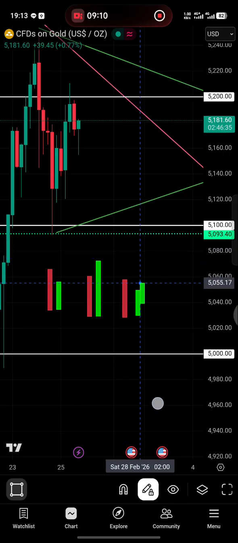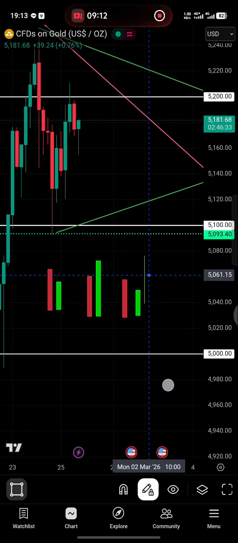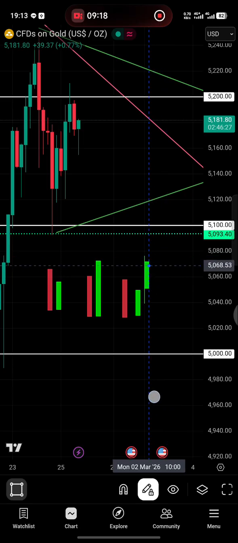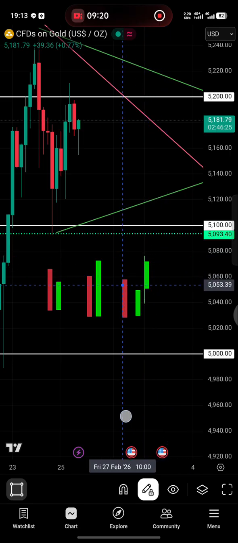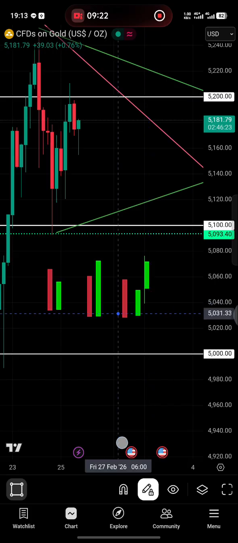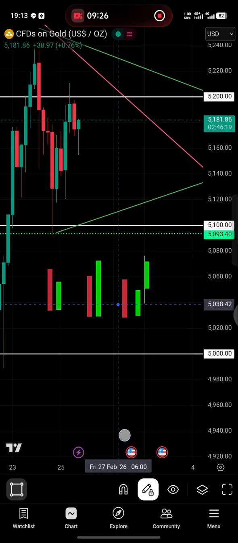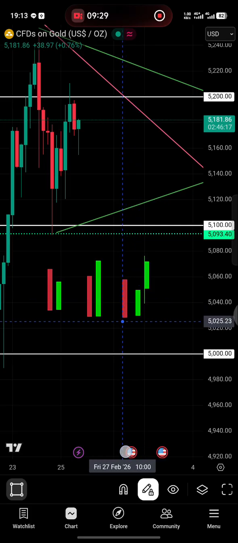Pushed up to attack resistance and then pushed up. And the next thing the price does is, at least the next green candle was able to close above resistance, which means that this bullish price action or this bullish reversal is complete and is a valid one, right?